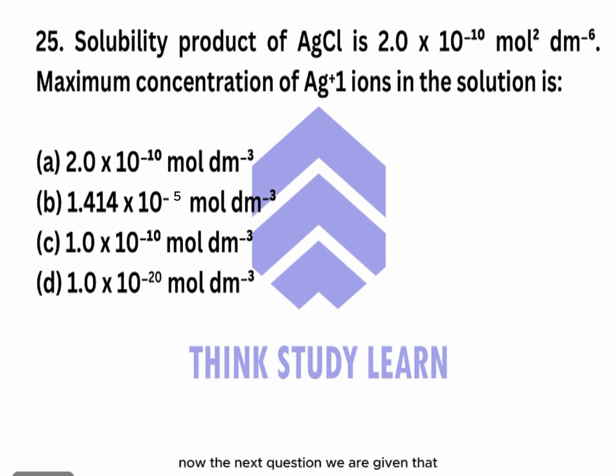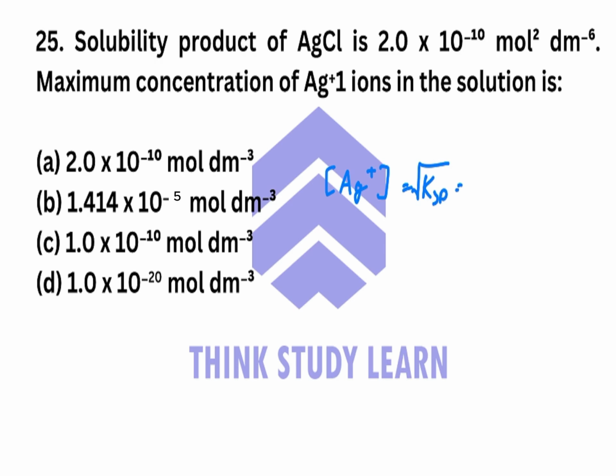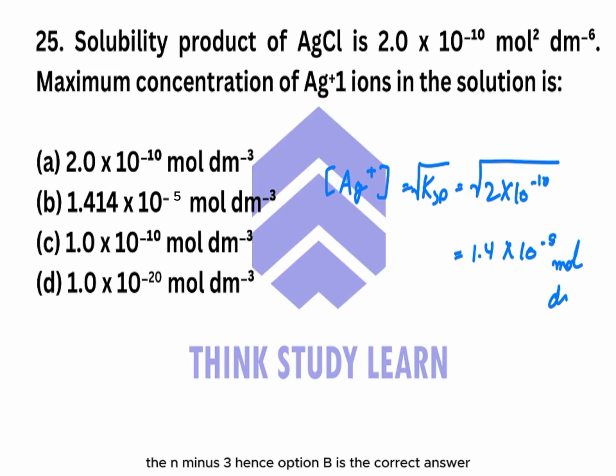In our next question, we are given that solubility product of AgCl is 2 into 10 raised to the power minus 10 mole square decimeter minus 6. Maximum concentration of Ag plus 1 ions in the solution is what? In this case, the formula is Dn minus 3.